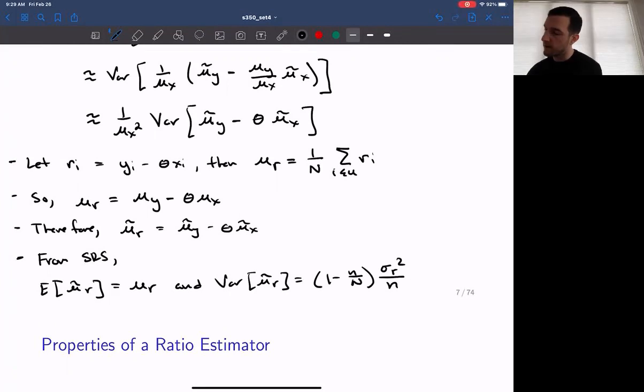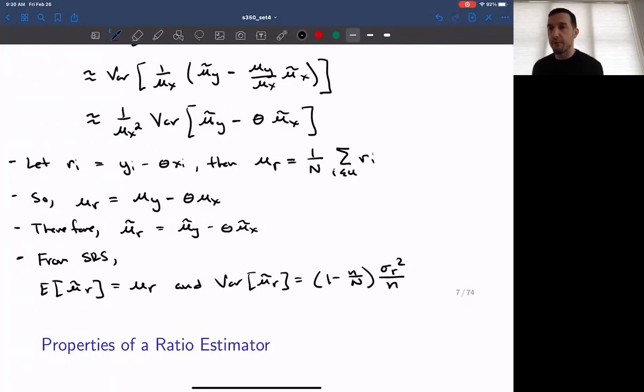So from that, we can show that mu r can also be written as mu y minus theta times mu x. And this is a fairly easy thing to do because you're just taking the sum across all of the yi minus theta xi across the sampling frame and then dividing by capital N. So it makes sense that mu r would have this separate expression.